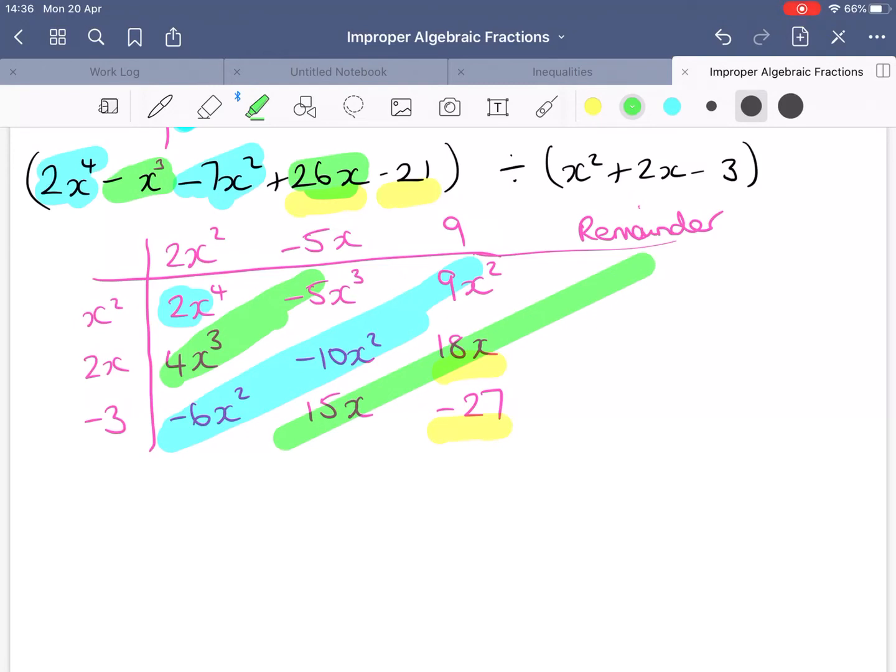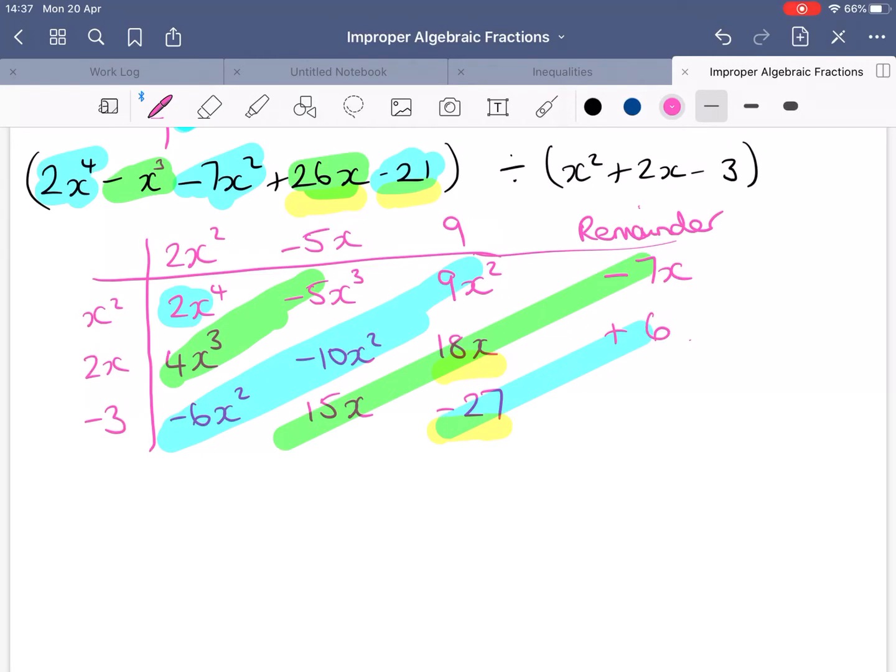Currently, I have got 33x, so that needs to be minus 7x. I then look for the next diagonal, and these have to make minus 21. So I've currently got minus 27, so I need to add 6. Okay?